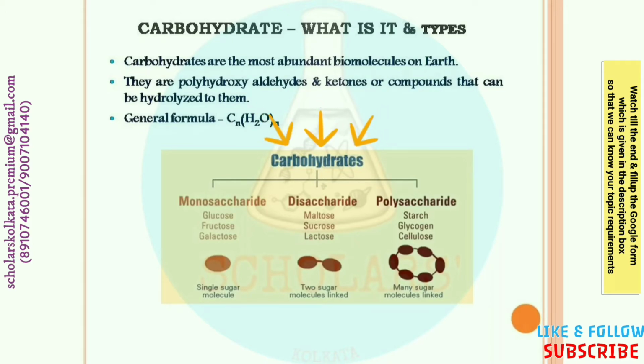For disaccharide, di means two, so two sugar molecules are linked with each other by a specific bond that we'll discuss later in this video. Examples are maltose, sucrose, lactose. Polysaccharide means many sugar molecules, that is, more than two sugar molecules linked with each other. Examples are starch, glycogen, cellulose.